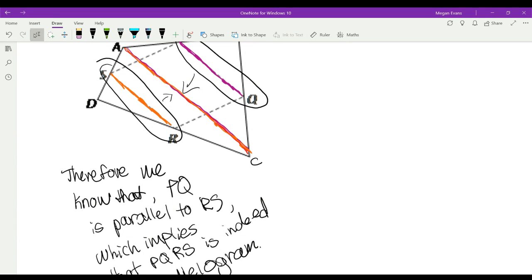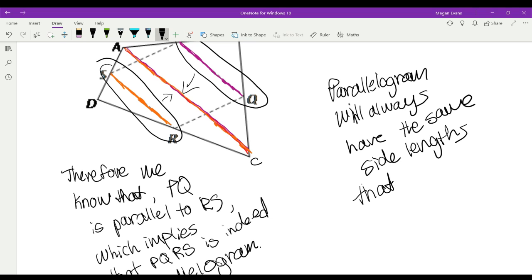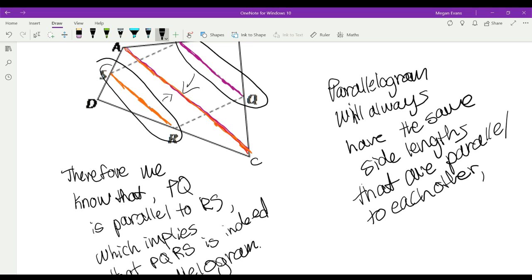This will always happen to answer the question because the parallelogram will always have the same side lengths that are parallel to each other in its own quadrilateral. I'm just going to abbreviate that by saying quad.